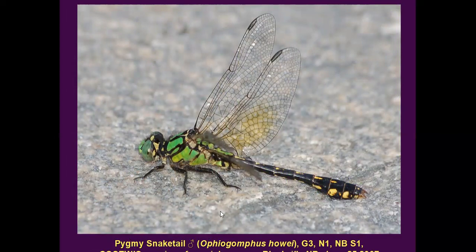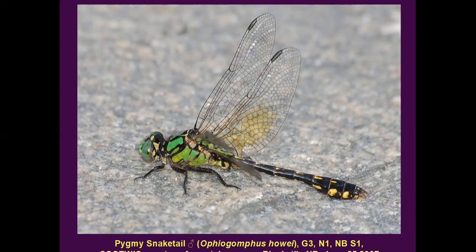Jim Edsall and I worked the whole summer of 2007 looking for this species on the Miramichi and on the Magaguadavic rivers, and we found it in a dozen or so locations on the Miramichi, and one location on the Magaguadavic.